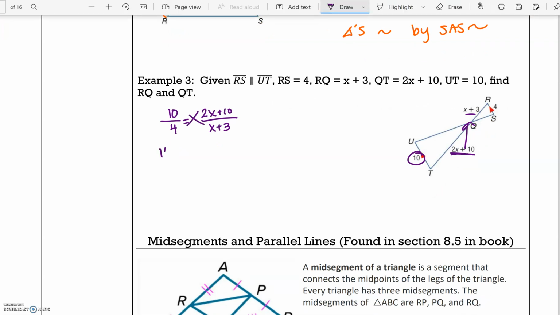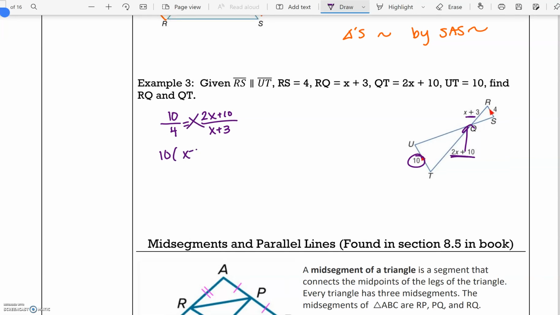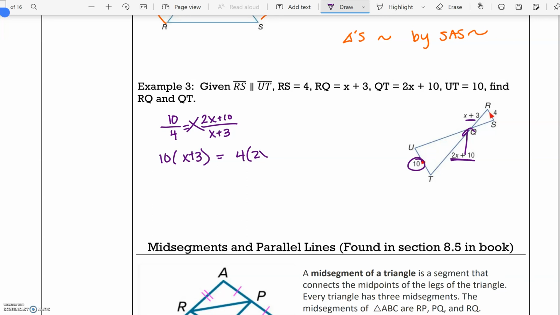Cross multiply, we got some distributing. And then some solving.